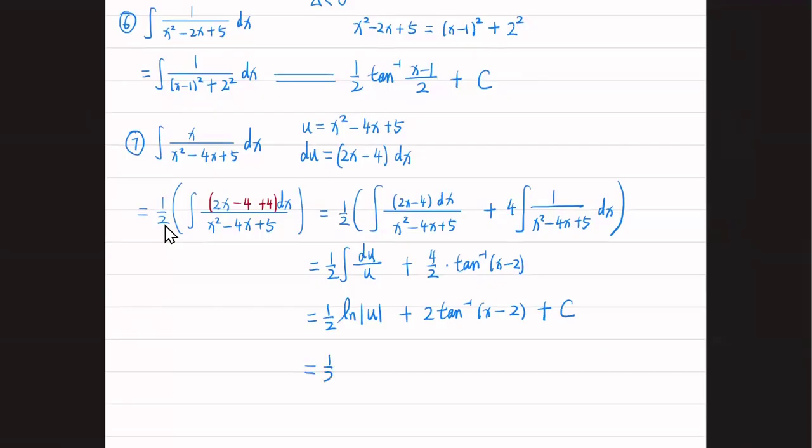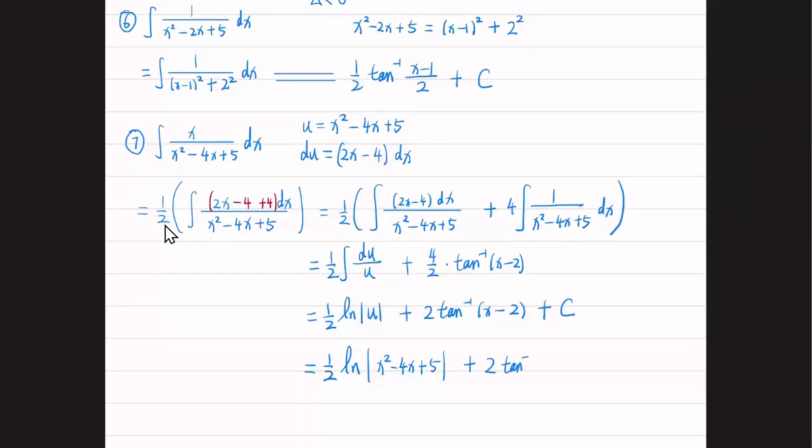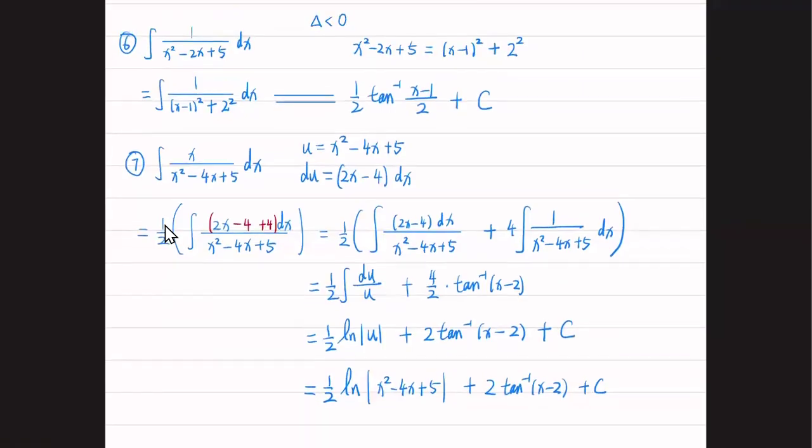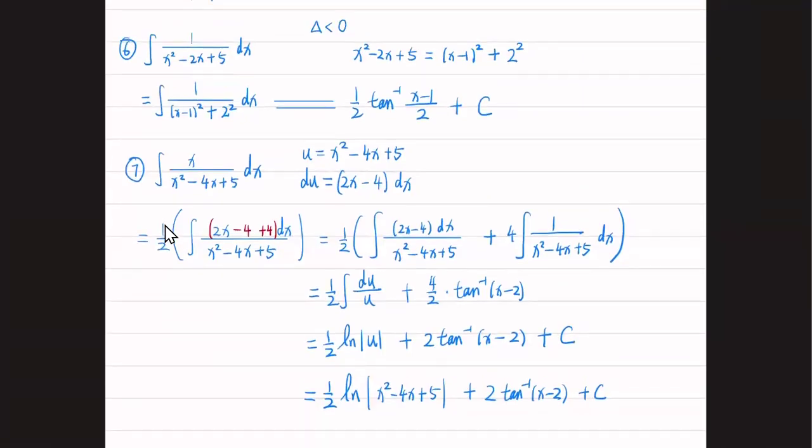Switch back to x: x squared plus 4x. We could drop the absolute value because the interior is always positive. You can see a small change in the integral of this function gives a big change in the result, much more complicated.